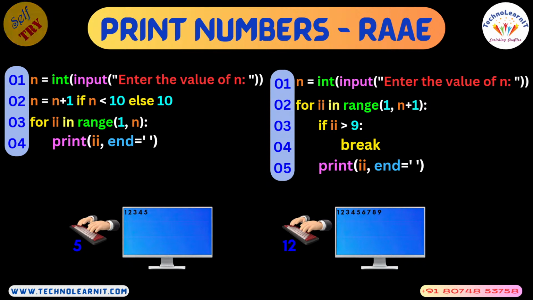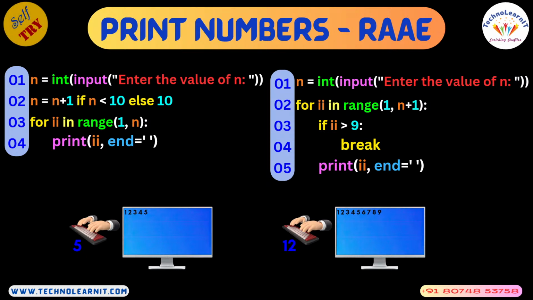The moment i becomes 10, 10 greater than 9 is true, then the break statement on line number 9 would be executed. That is how you terminate your program by the time you see all the digits printed on the screen, starting from 1 up to 9.